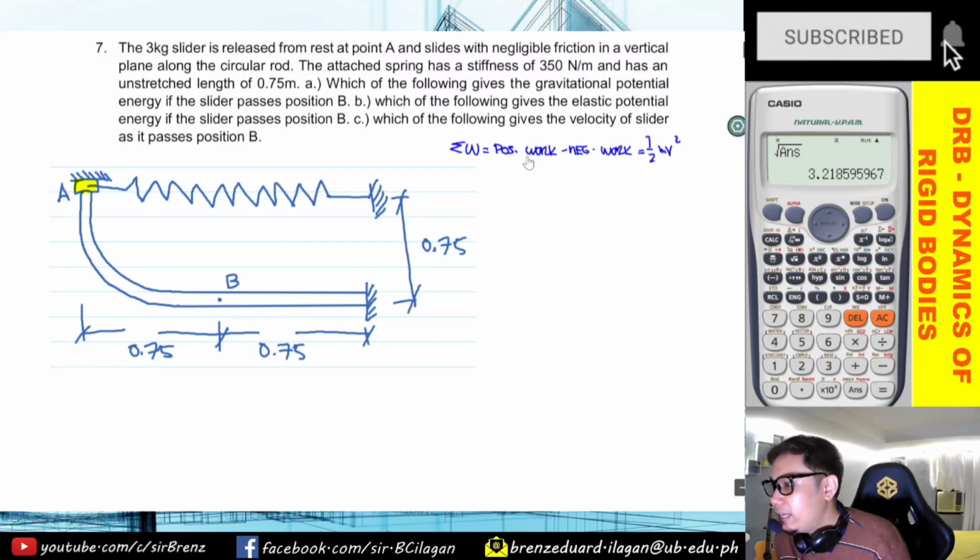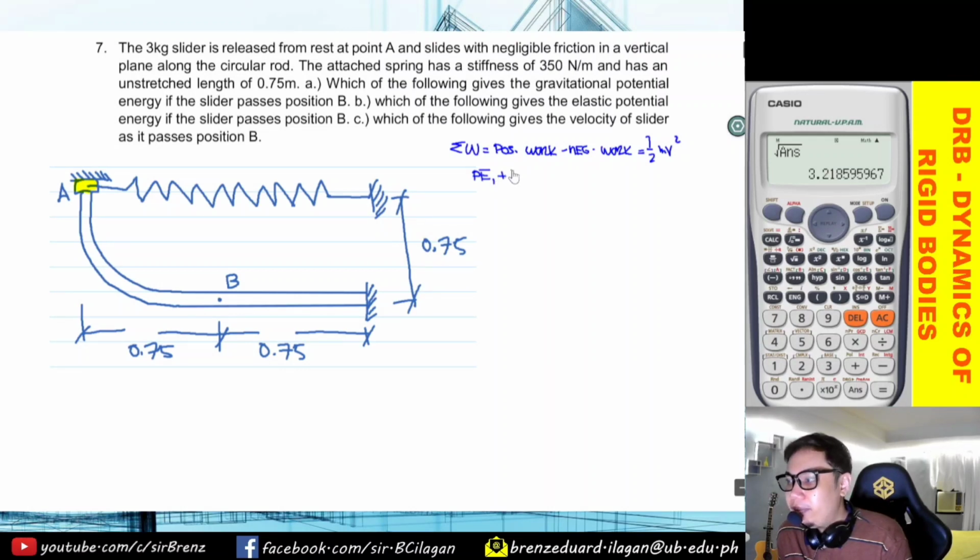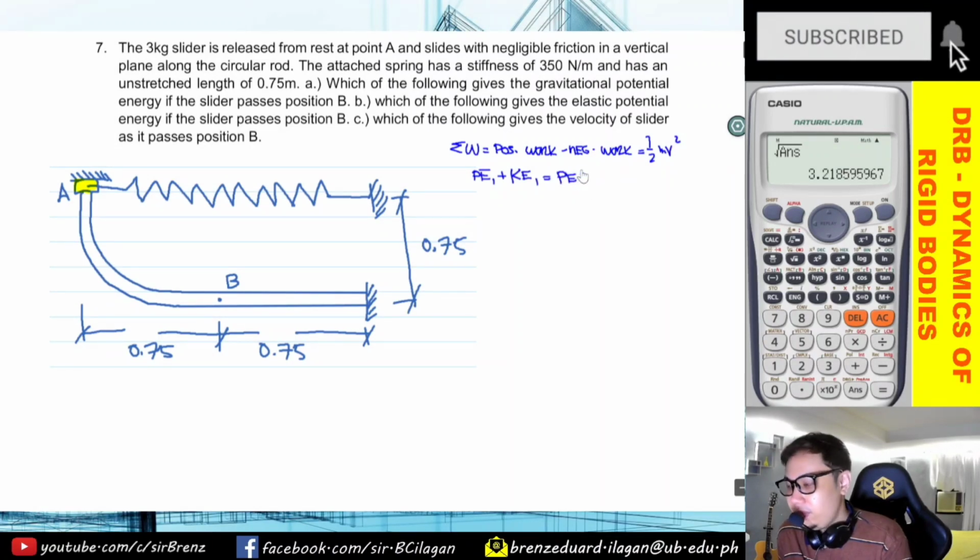So, ang mangyayari lang dito, kung maalala nyo sa ating previous video, sabi ko, yung isang variation ng formula nito is PE1 plus KE1 is equals to PE2 plus KE2. Okay, so ano ba yung mga potential energy natin?